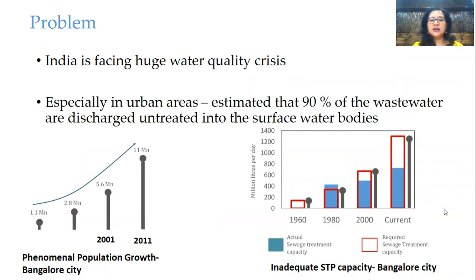Now, if you look at the city of Bangalore, and at the graph on your left, you will see that the population of Bangalore city has doubled in the last decade, whereas the infrastructure growth, especially the wastewater treatment infrastructure, has not kept pace with the increased demand for wastewater treatment. As a result, we see untreated wastewater getting discharged into our surface water bodies.